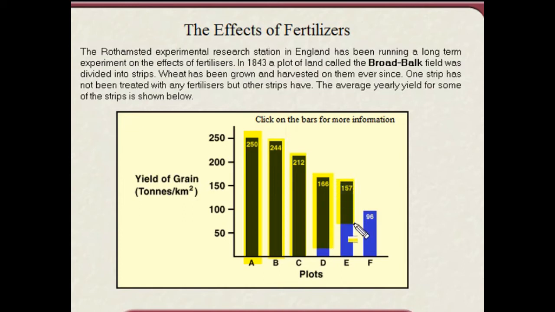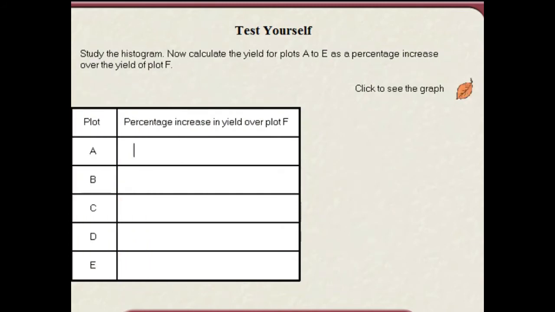The average yearly yield for some of the strips is shown below. Study the histogram. Now calculate the yield for plots A to E as a percentage increase over the yield of plot F.